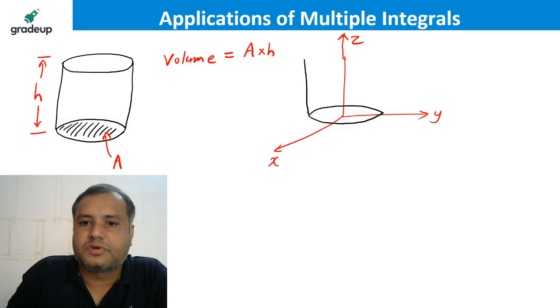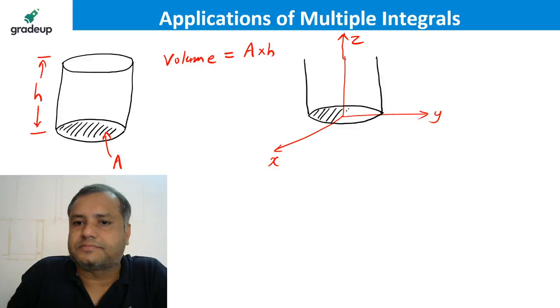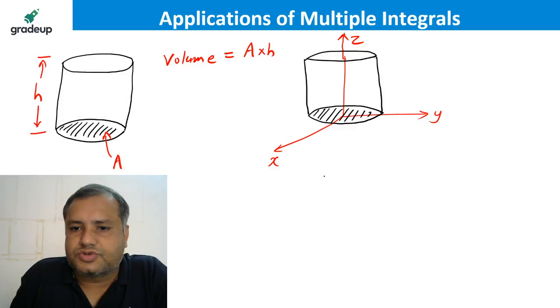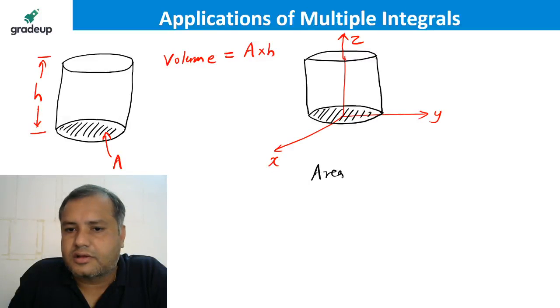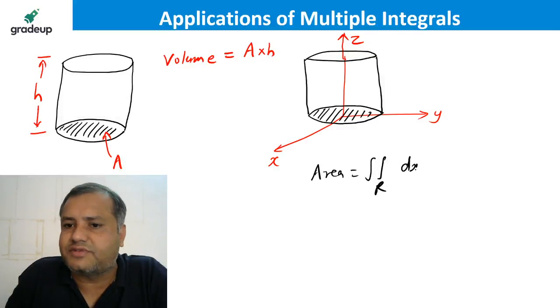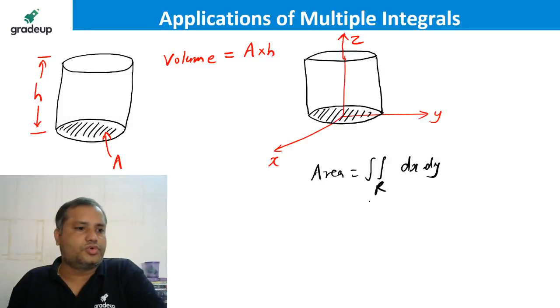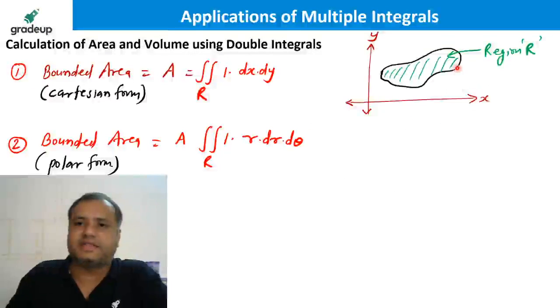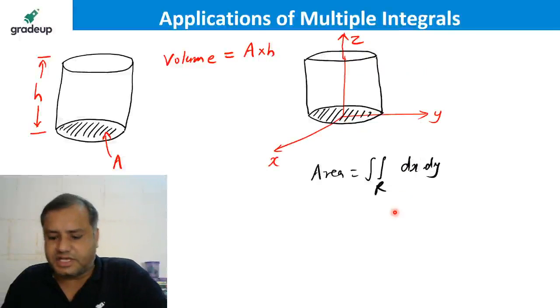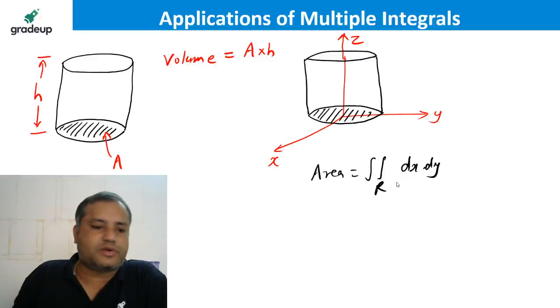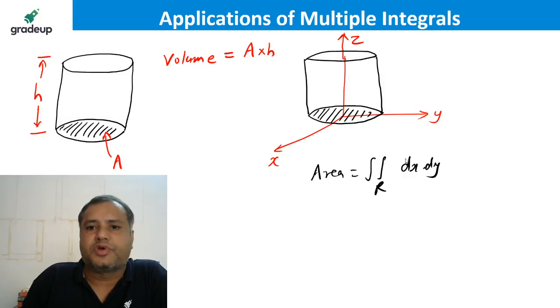okay, then this is your region R. This cross section area is your region R. So area is double integration over the region R dx dy. Already you have gone through that if the region is lying in the xy plane, the area of that region can be calculated by double integration in the xy plane, right?